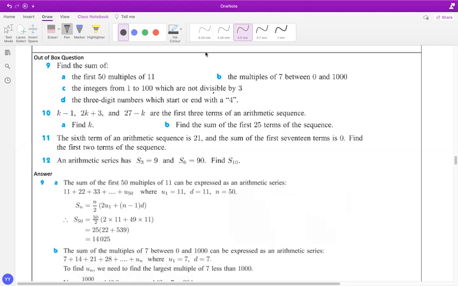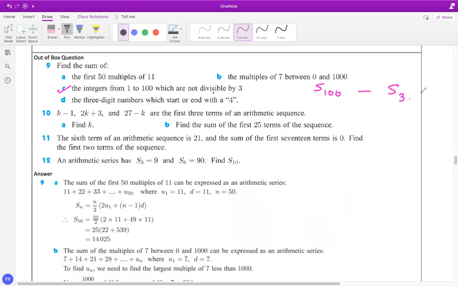Now we have to do the C part, which says to find the sum of the integers from 1 to 100 which are not divisible by 3. Integers which are not divisible by 3 will always be a little more difficult than those which are divisible by 3. So what I'm going to do is first find the sum of the first 100 integers minus the sum of the numbers that are multiples of 3, meaning divisible by 3.